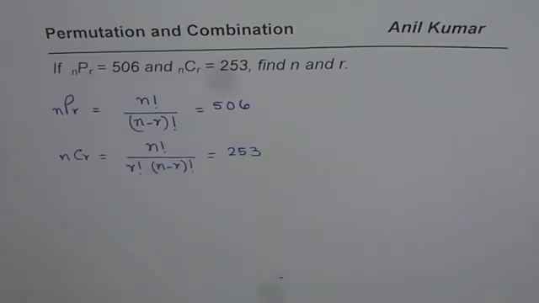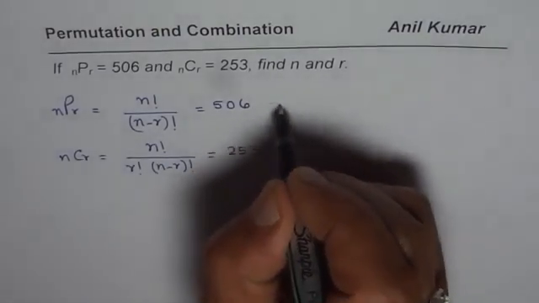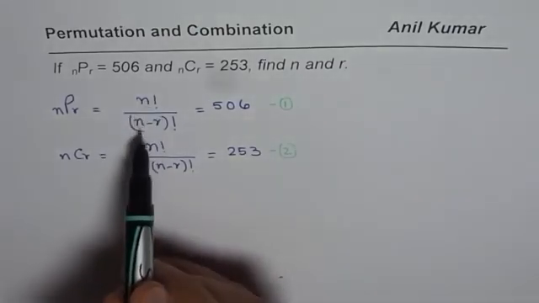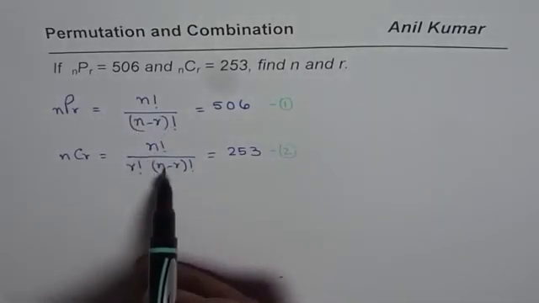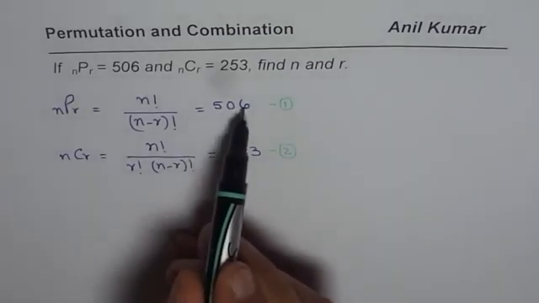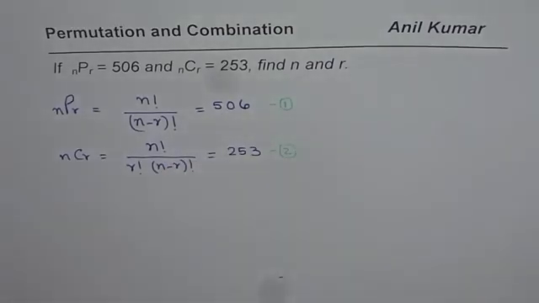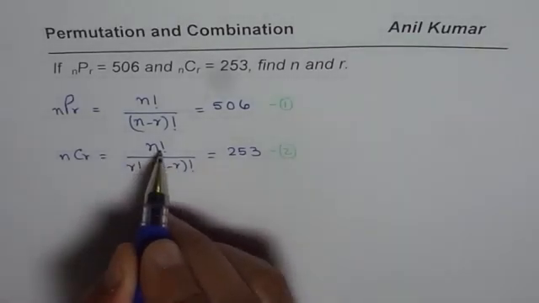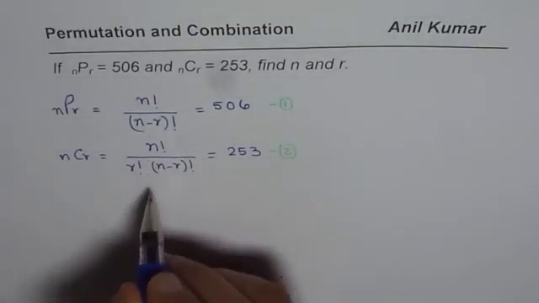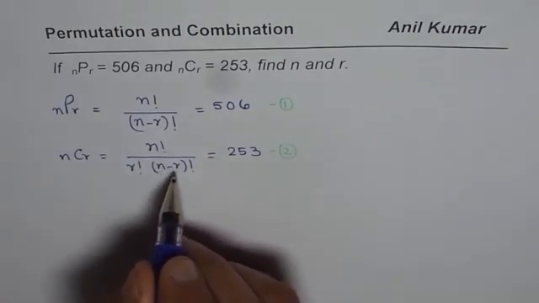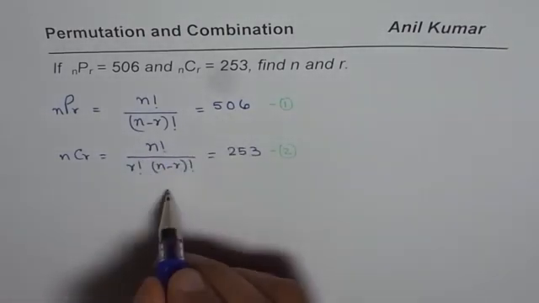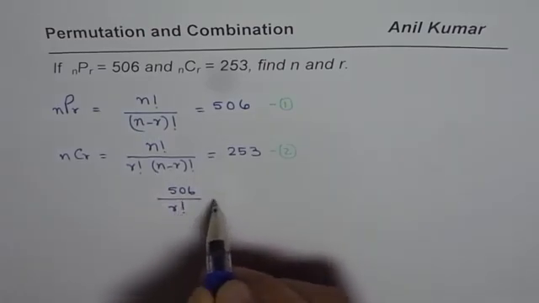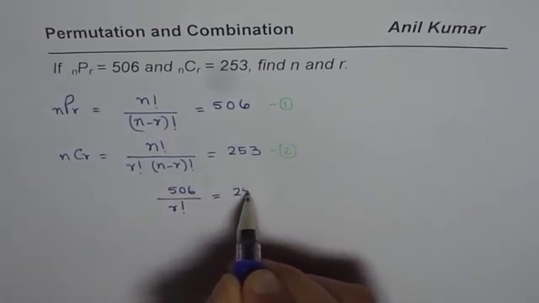Now if you analyze equation 1 and 2, what we see is that n factorial by (n minus r) factorial, this part is 506. So I could write the left side nCr as n factorial by (n minus r) factorial, which is 506, over r factorial, equals 253.